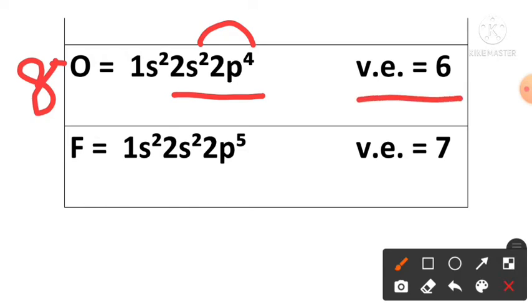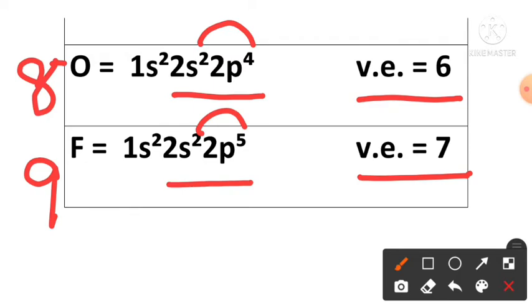Now next, fluorine. We know that Z of fluorine is 9. So we write 1s2, 2s2, 2p5. Now its outermost shell is 2s2 and 2p5, and the number of electrons present in it is 2 and 5. So we join it. Now valence electron is 7.